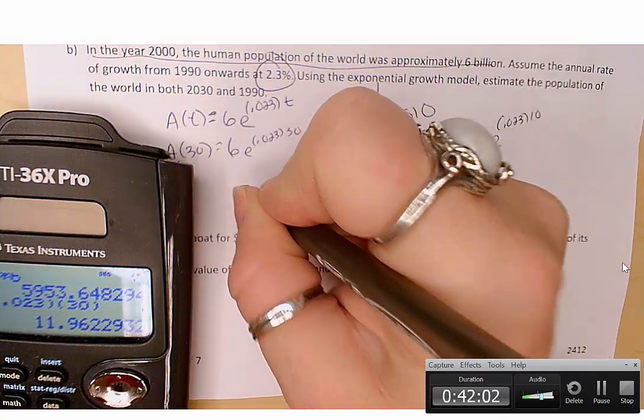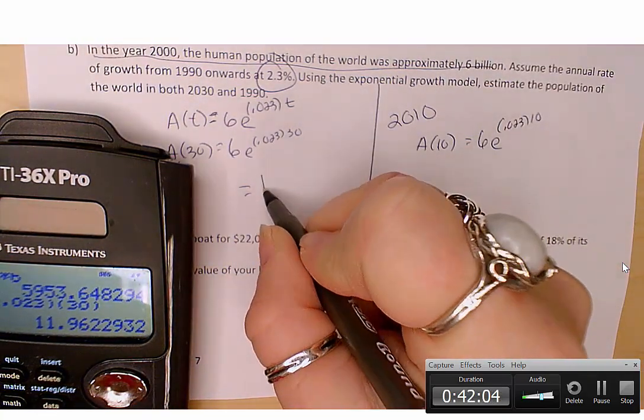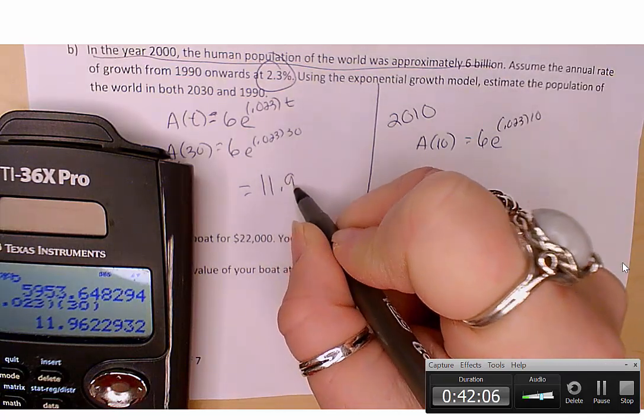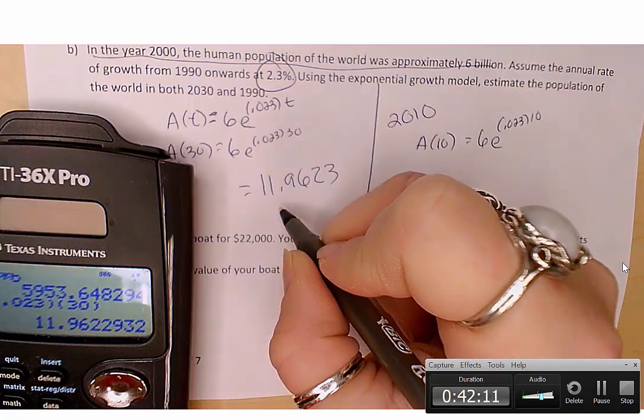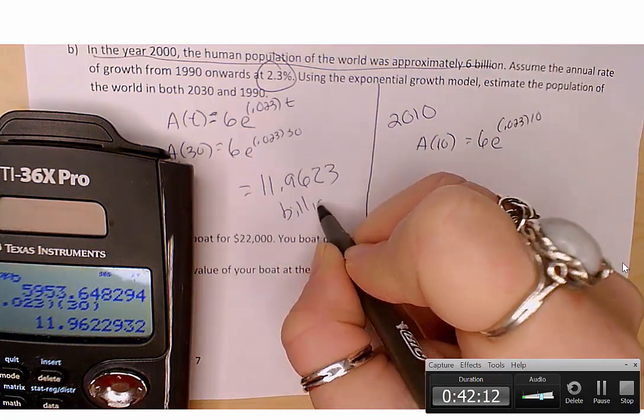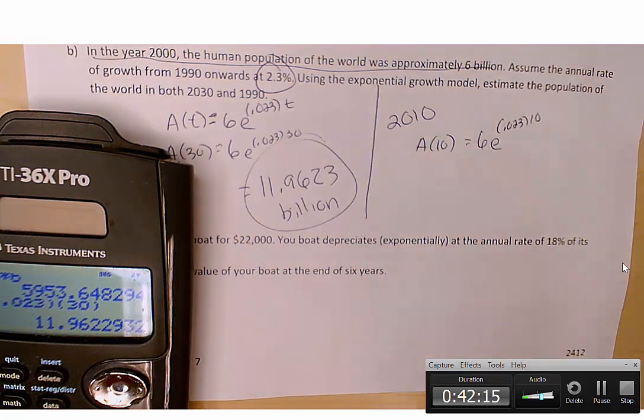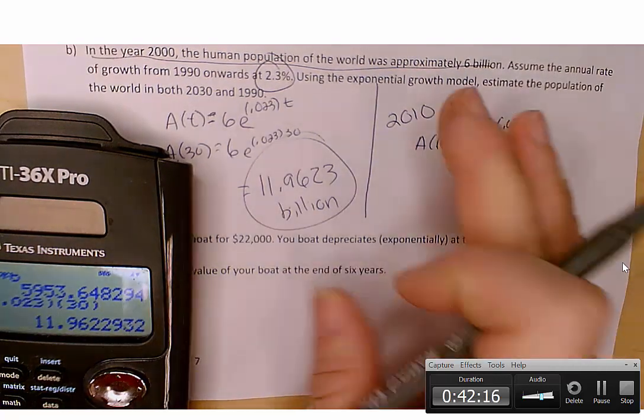And when I throw that all into the calculator for this first one here, I am getting 11.9623 billion for that population growth there.